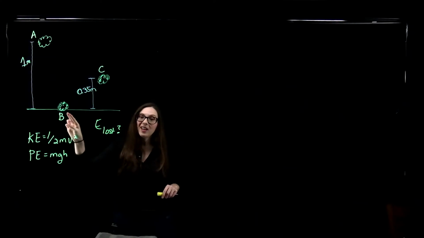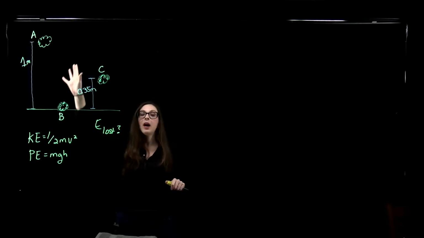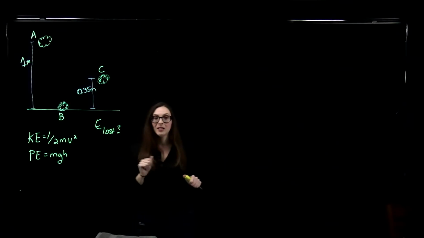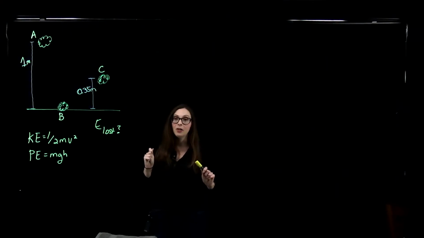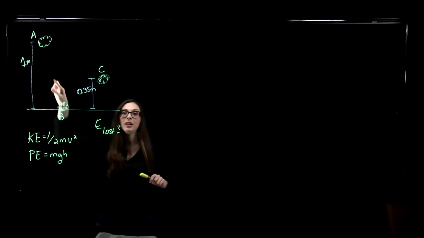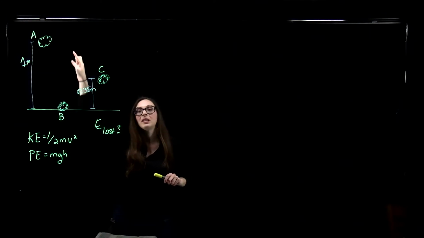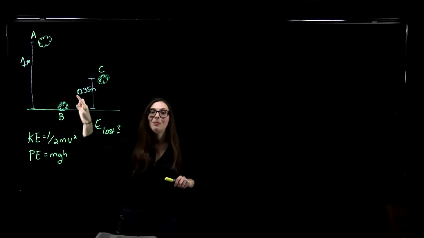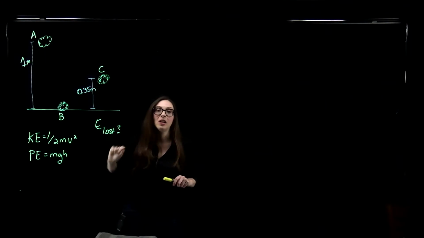Then the ball strikes the ground and rebounds. It bounces off the ground and goes up to a final height. Now if energy were perfectly conserved, all of that gravitational potential energy would be converted to kinetic energy, and then converted back to gravitational potential energy again, and the ball would return to the same height from which it started.